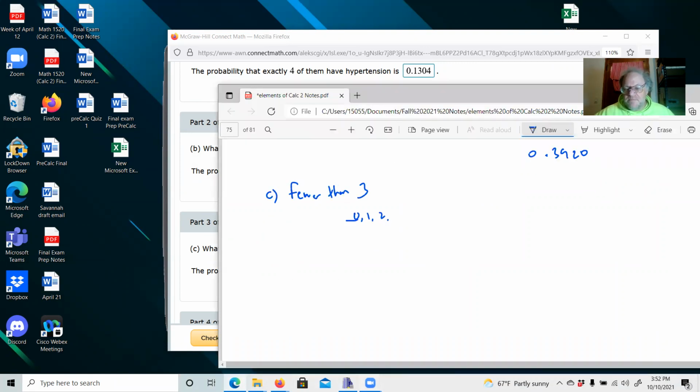So we're going to do Binomcdf, right? We have a sample size of 20, 0.30, that's our chance of success, and fewer than 3 means 2. The CDF part is going to count 0, 1, and 2. Let's see what that equals.